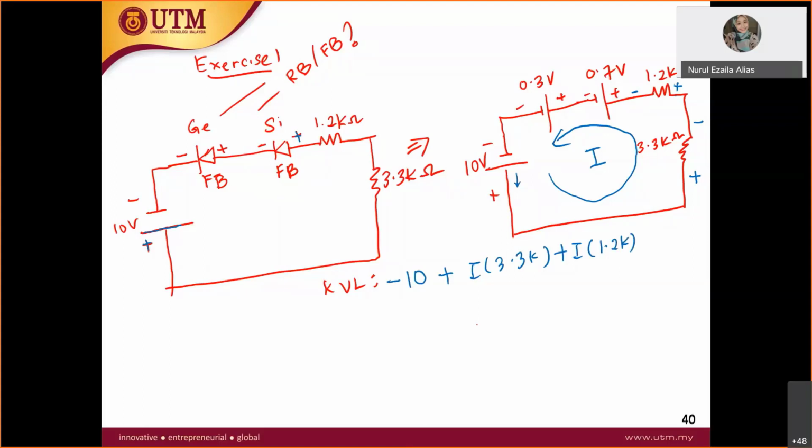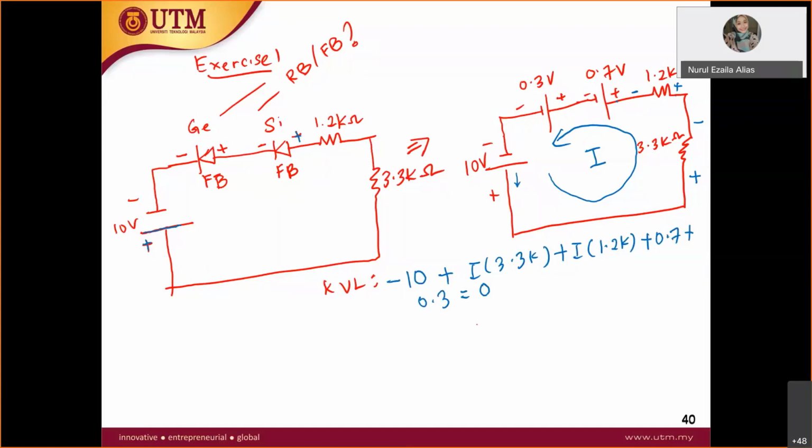Then the first terminal this current meets is plus 0.7. Too long an equation. And the next one plus 0.3 equals 0.